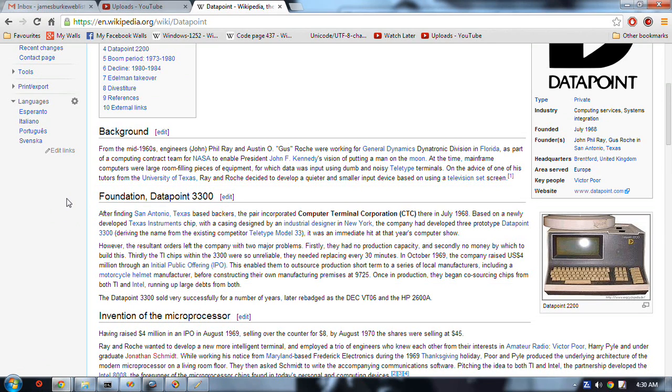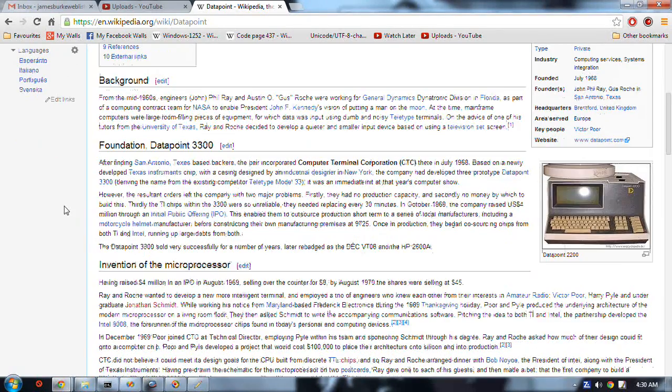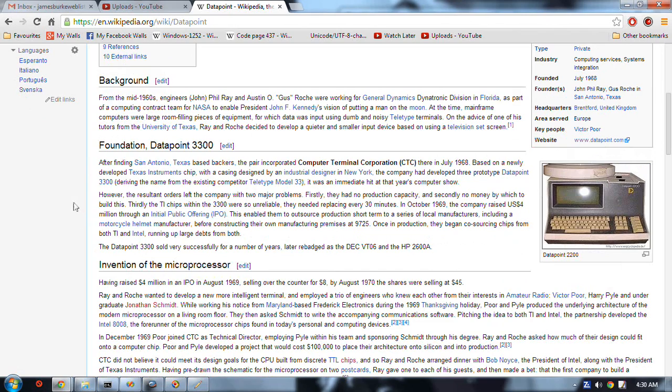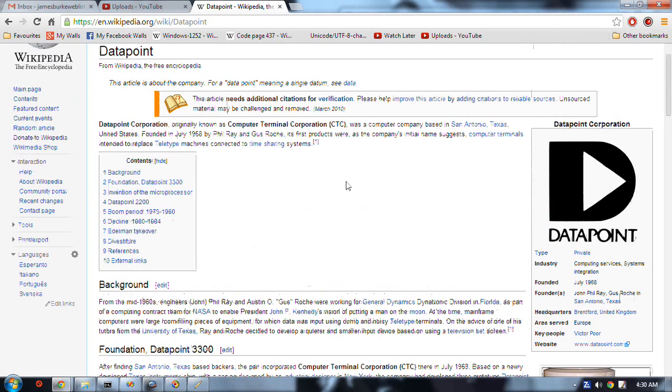Well, not by accident really, but they were tired of typing on a teletype terminal. I don't know if you've ever seen one. I don't remember seeing one. If they have a picture of one. They're really clunky, noisy things.